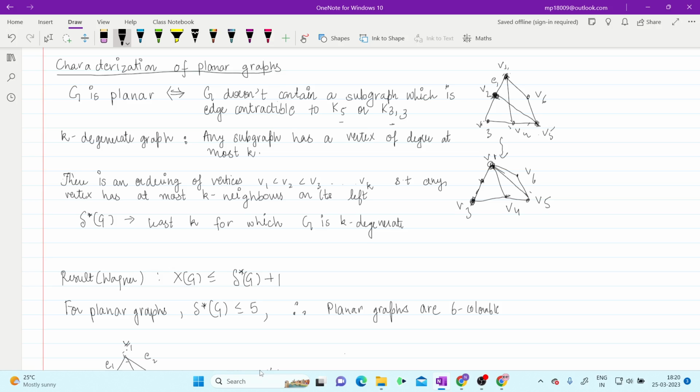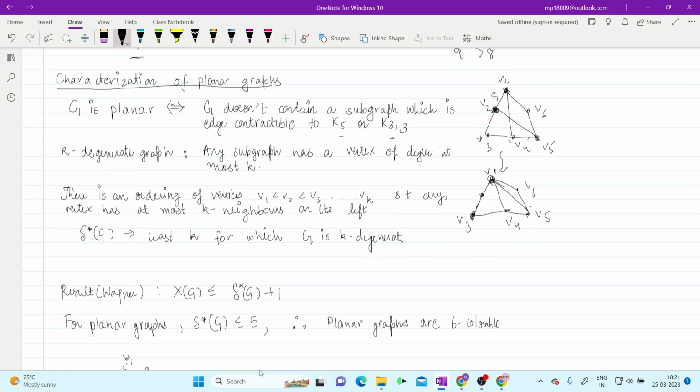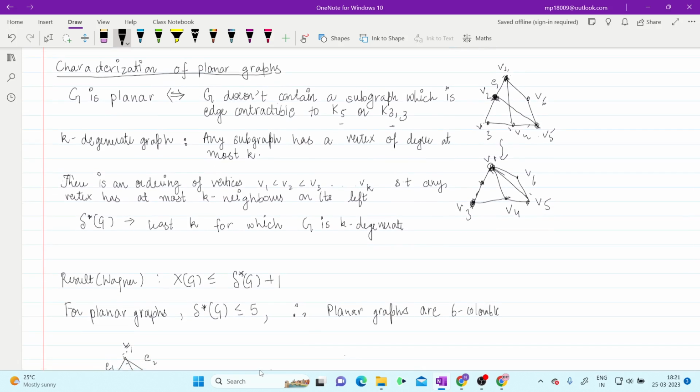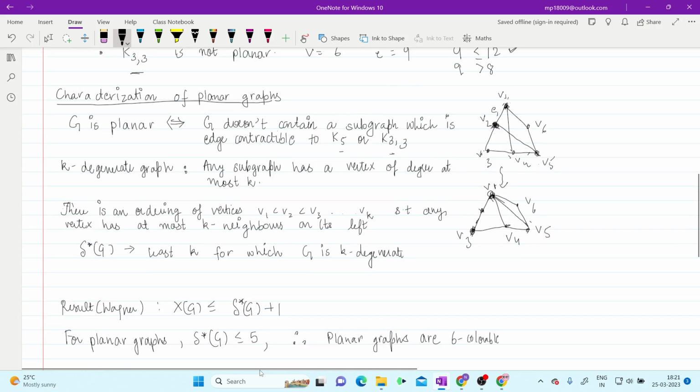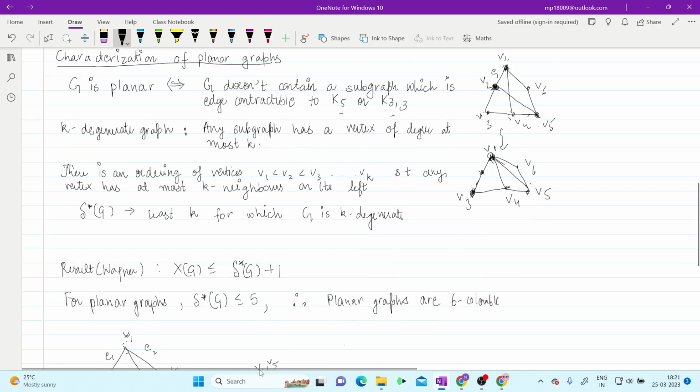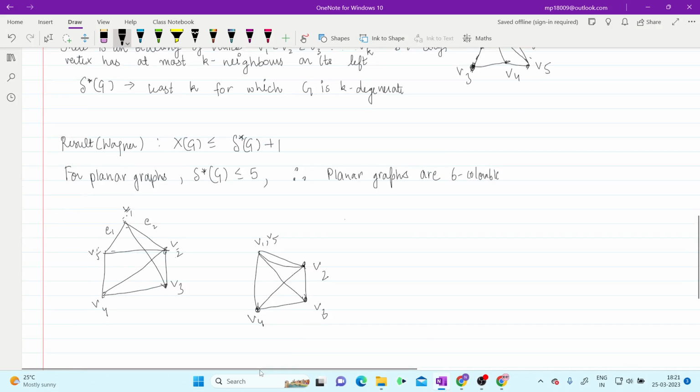The v2 to v1 edge is contracted, and the other edges are attached to v1 itself, so we have an edge from v1 to v3 and v1 to v5. Now is edge contractibility fine? Yes, ma'am. Ma'am, in the second diagram we will have a self loop. Yes, in that second diagram, we'll have a loop.